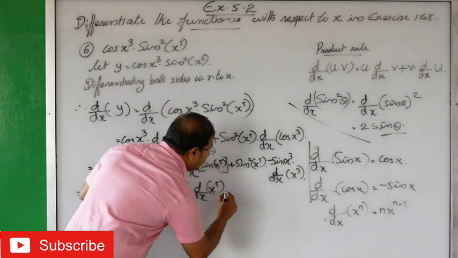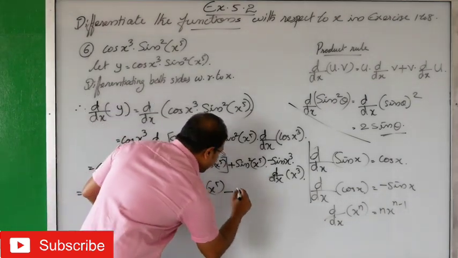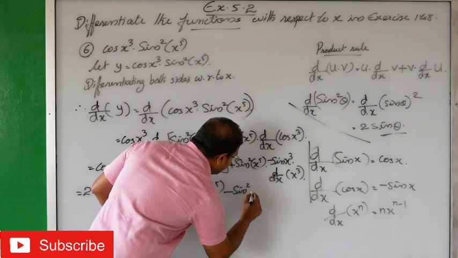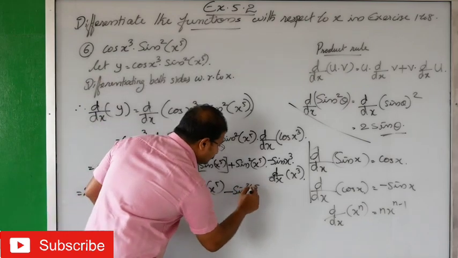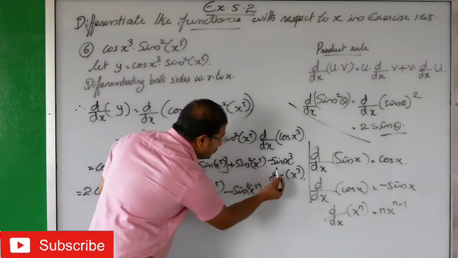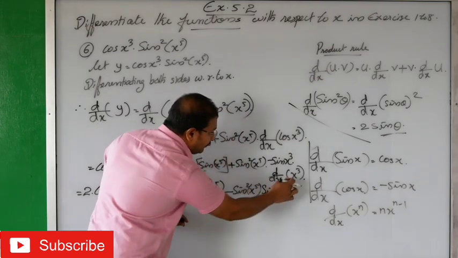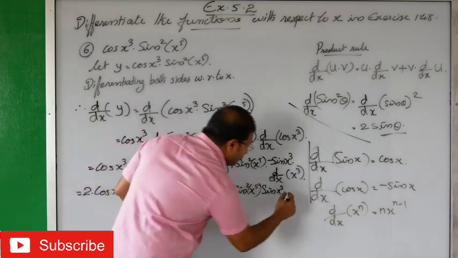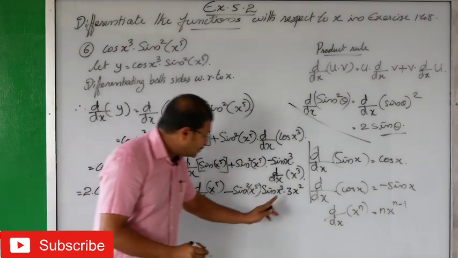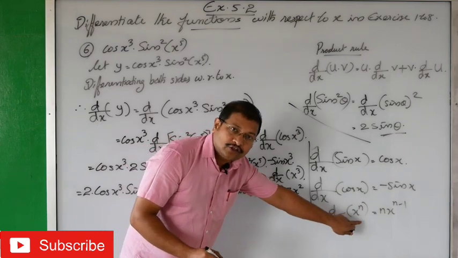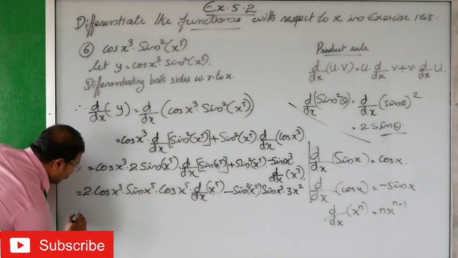Ready? Plus into minus, minus. Ready? Now we'll write sine square x raised to 5, put in bracket, no problem, sine x cube into derivative of x cube, what you'll write? 3x square. I hope you understand, because this is derivative of x raised to n equals n into x raised to n minus 1. Equals.